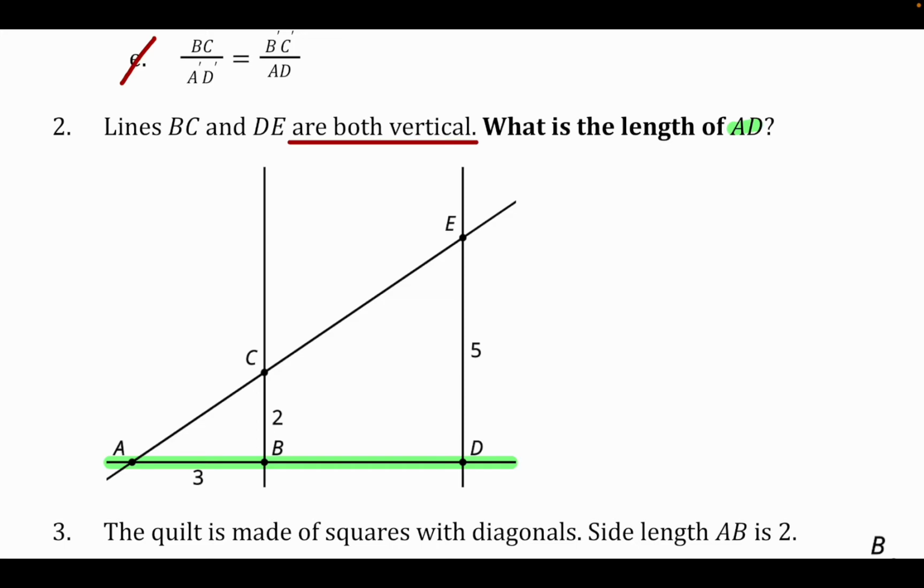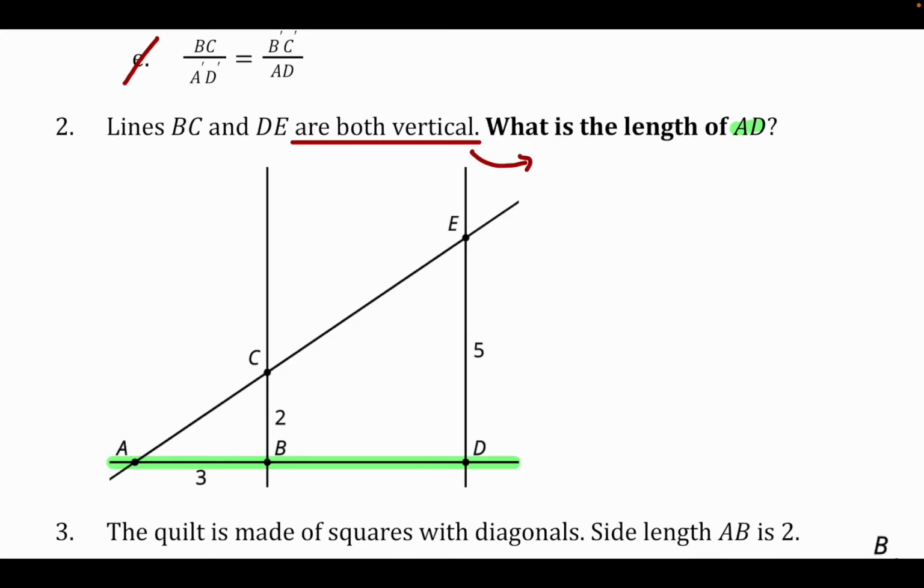Since they're both vertical, this means they're going to be parallel. And since we know that these lines are parallel, that means they're going to cut our triangle here into proportional sides.